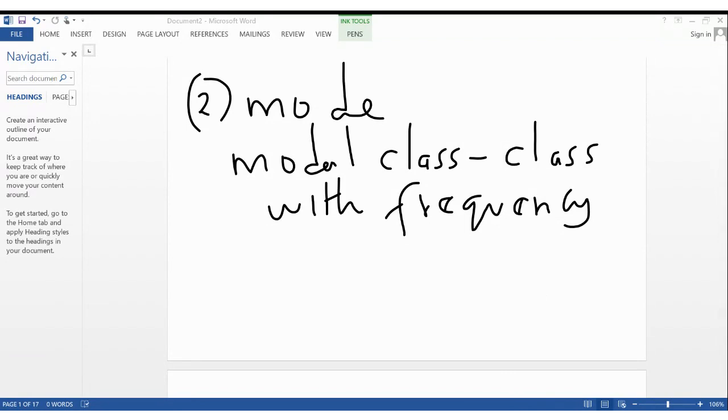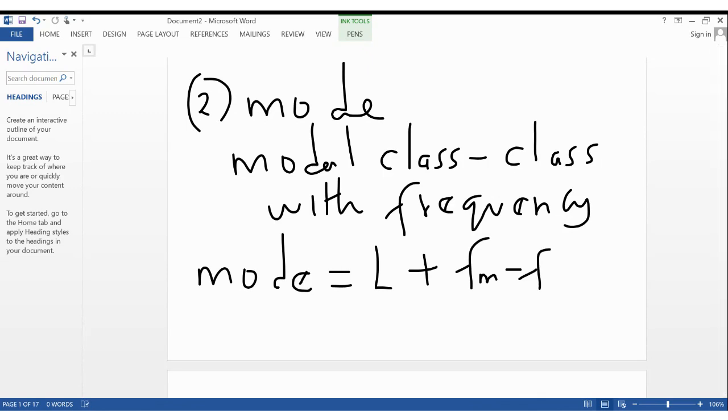So the mode will be given by this now. Let me go back to the notes because I don't want to confuse you and give two different formulas. Let me see what I had written. So the mode was given as L, I was using the lower, so L plus, oh, F0.